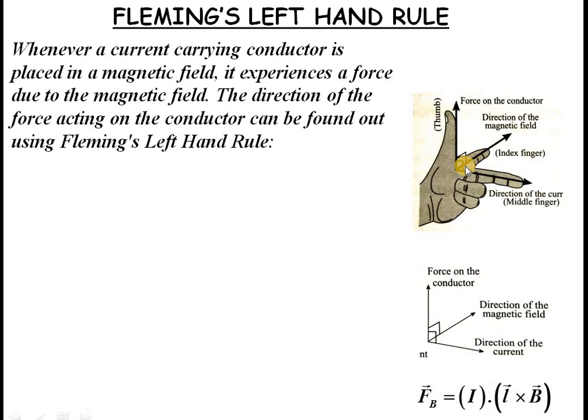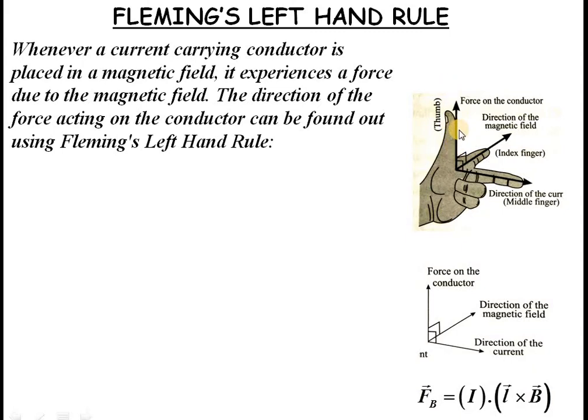Okay, that is the left hand thumb rule. The thumb will give you the direction of force acting on the conductor, provided that you are placing your wire along the middle finger and the magnetic field in the direction of the index finger. Okay, so that means this is L, this is B, and L cross B will obviously be an anti-clockwise rotation, and it will take the screw upward.